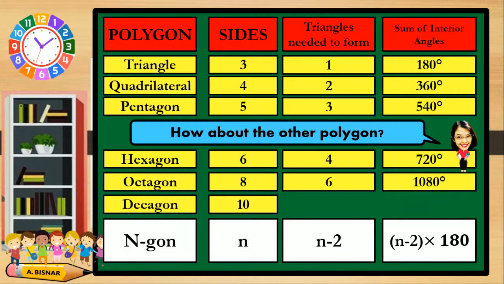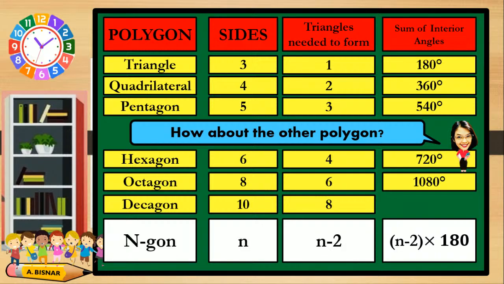Okay, that's correct. 8. And what is the sum? What do you think will be the sum of the interior angles of a decagon? What will be the sum?